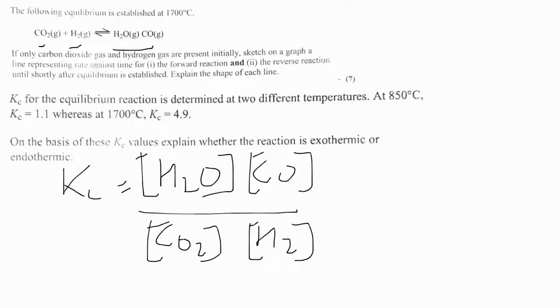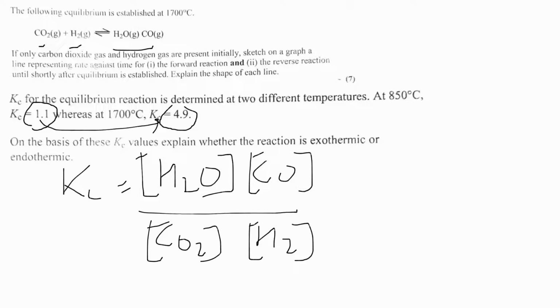Now we will take two scenarios. As you can see, the Kc value increased from 1.1 to 4.9, so I can explain better with two scenarios. In the first scenario, suppose the numerator value is greater.